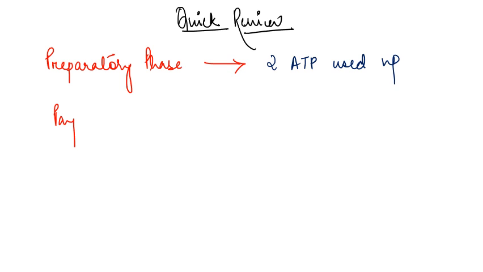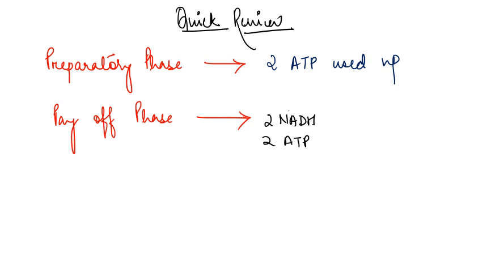And in the payoff phase, we have seen there is a release of 2 NADH, 2 ATP and again 2 ATP. So total how much ATP is released? Total 9 ATP is released.